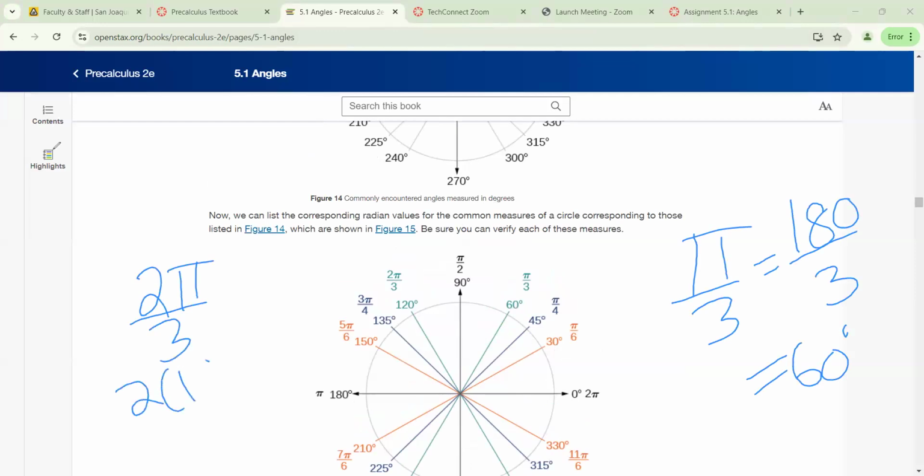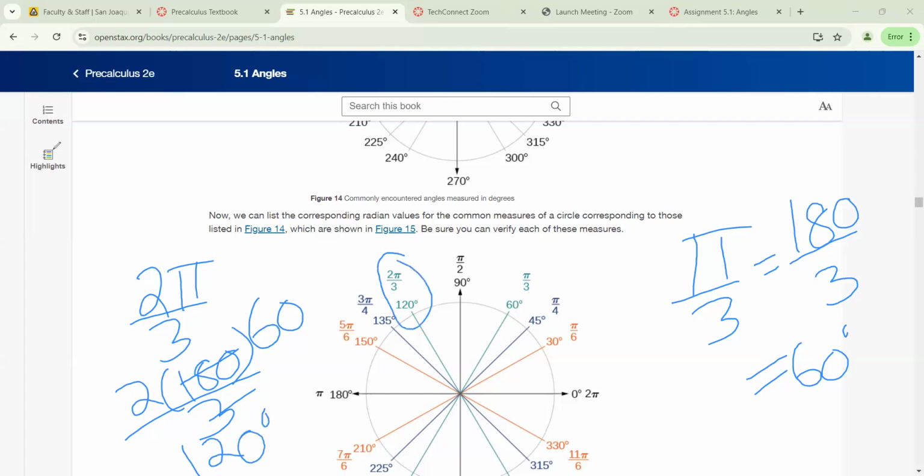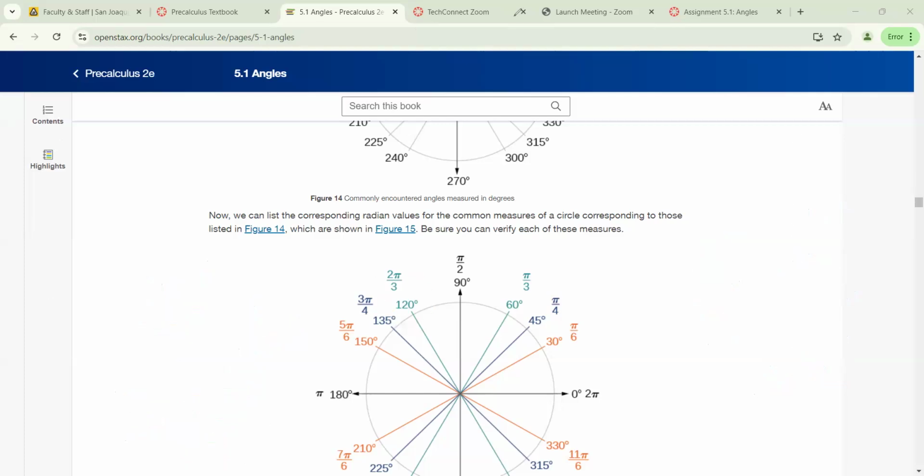Fill in pi as 180, divide by 3. 180 divided by 3 is 60. 2 times 60 is 120 degrees. So you can convert back and forth from degrees to radians and radians to degrees. And we will do problems related to that in our exercise as well.